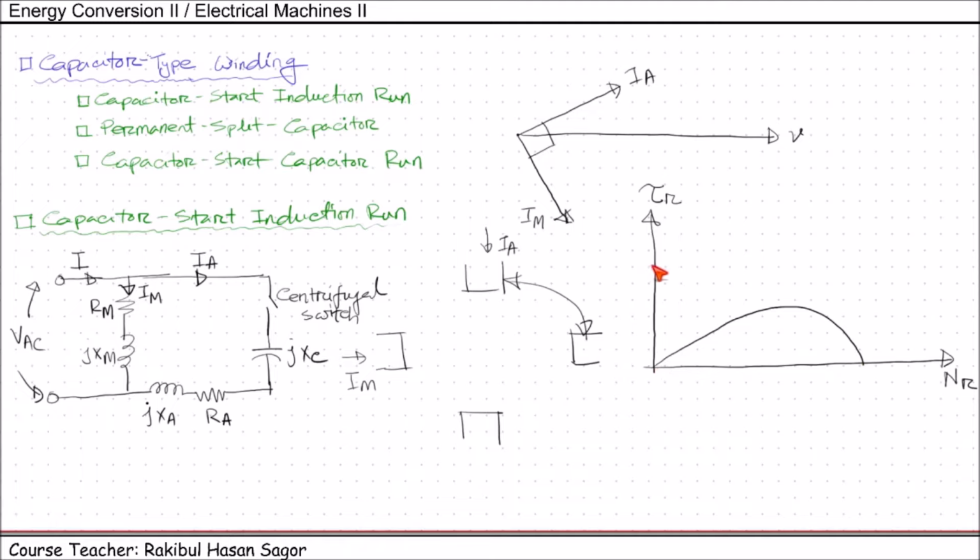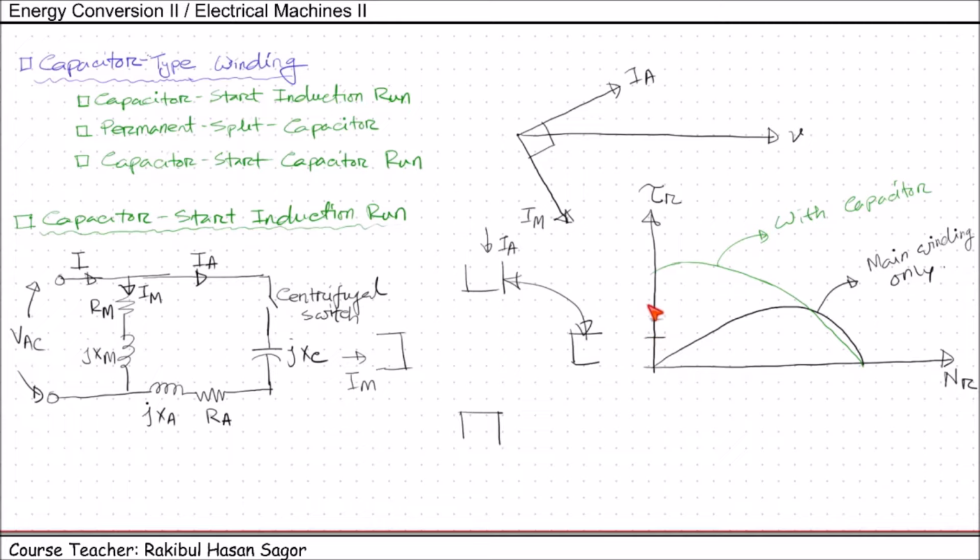And this is the torque speed characteristics curve when the motor has an auxiliary winding with capacitor start condition. So this is with capacitor, and this is the main winding only.